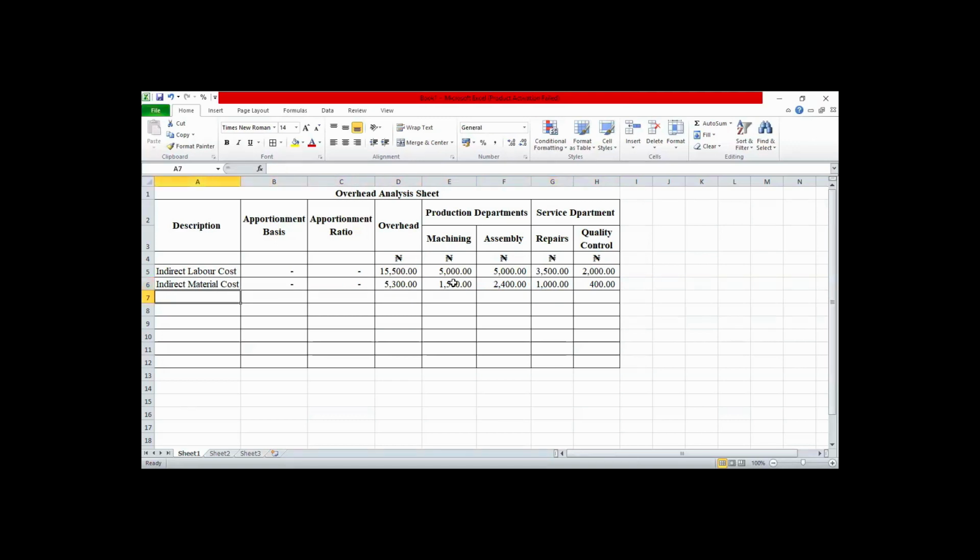Then followed by what next? We have the factory rental. 14,400 factory rental.